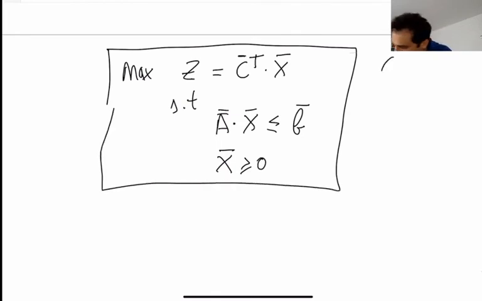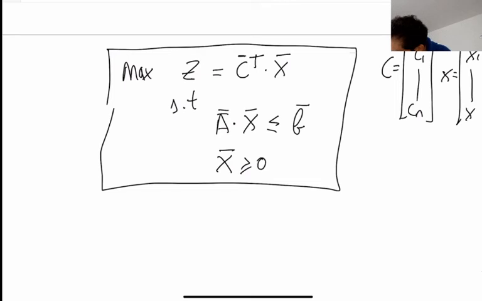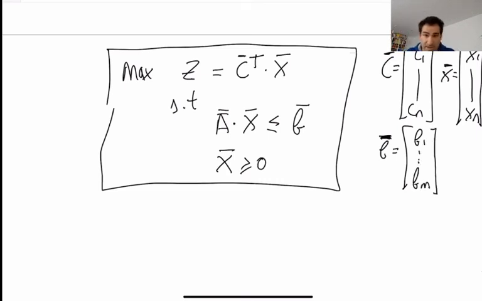And we will have that C is the column vector c1 to cn. We will have that X is the column vector x1 to xn. Sorry, with the notation. We'll see that B is again the column vector b1 to bm, so belongs to Rm.